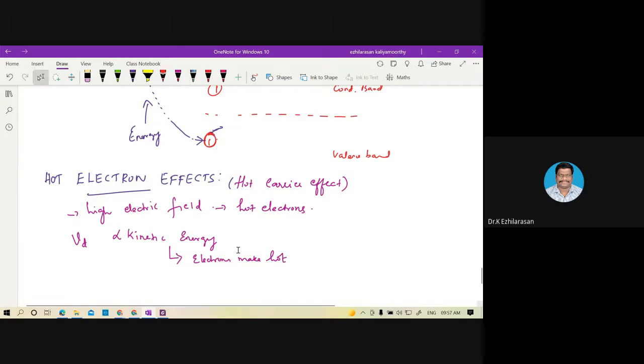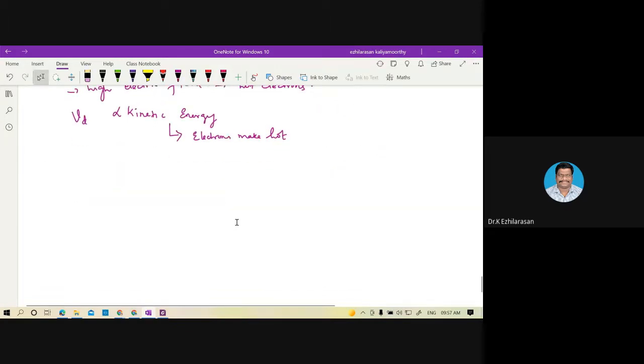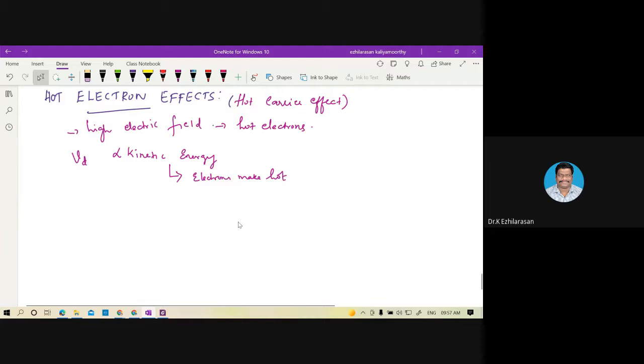So how will it happen? This may happen from the E lateral. As we know, the expression E lateral is equal to VDS by L, then E vertical is equal to VGS by Tox. Then what will happen when you are doing the scaling?